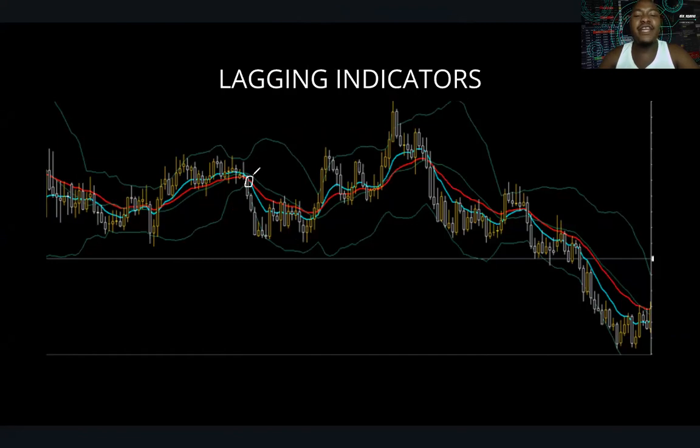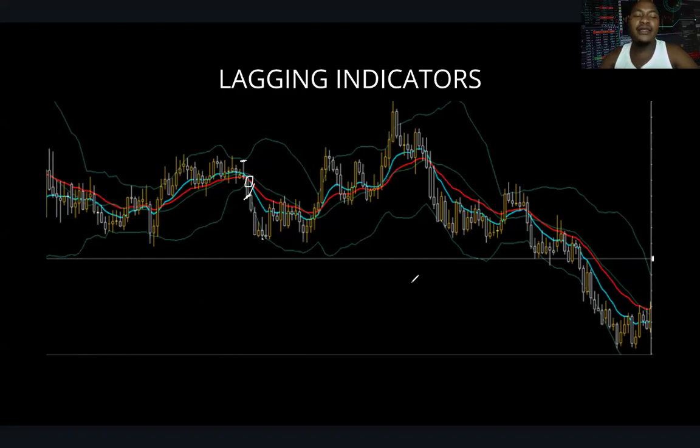But to be honest with you, this will cross the other one when the market is already maybe here. So it starts entering a sell here, whereas we took a sell maybe up there. Meaning if the market changes direction from here, you are more at risk than me.